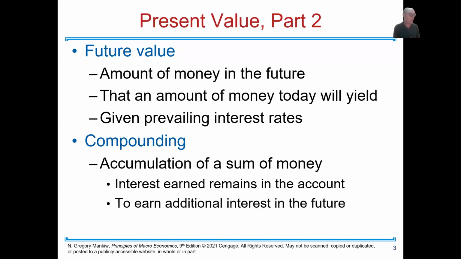That's because I've earned interest on top of the interest already earned in the account. We call it compounding. You're adding interest on top of the interest you've already earned. You see, that's why we call it compounding interest. And we'll talk more about this as well.